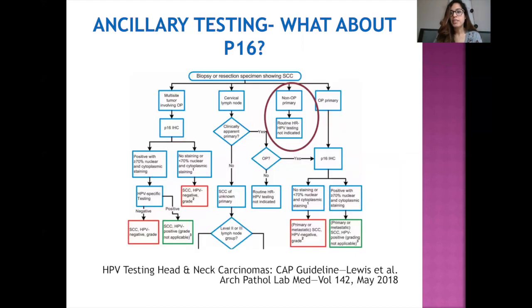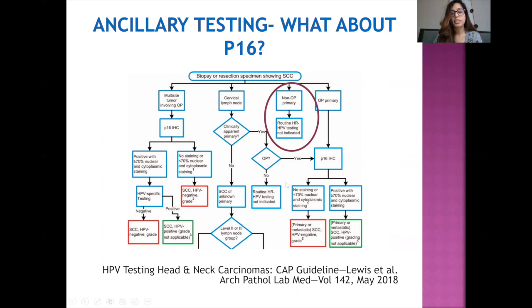Well, what about P16? We've heard a lot about P16 in head and neck. So do we do P16 in the context of an oral cavity or lip primary? This is directly from a paper that I highly suggest reading because it's excellent with its synopsis of all the data that's present, as well as providing a really helpful algorithmic approach to how to see cases in daily practice.